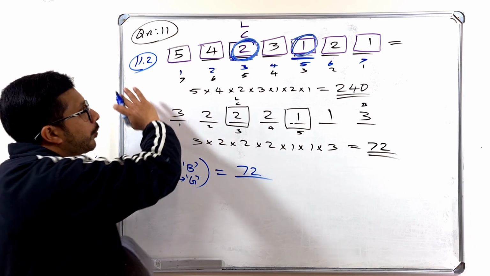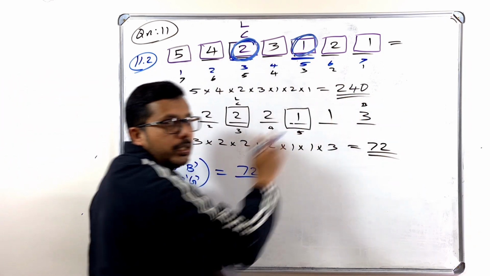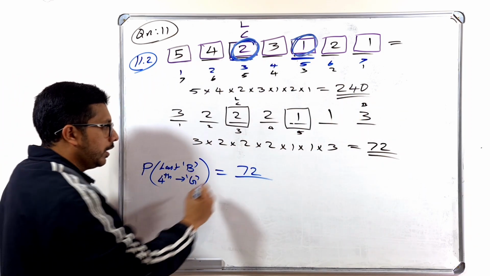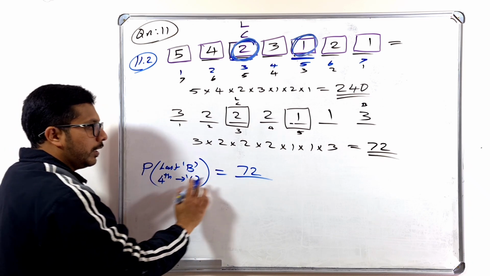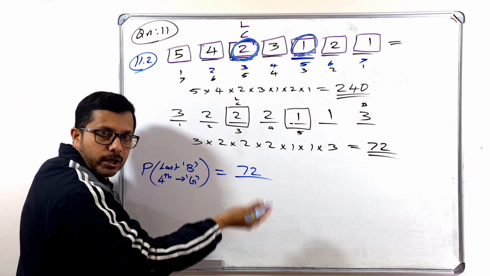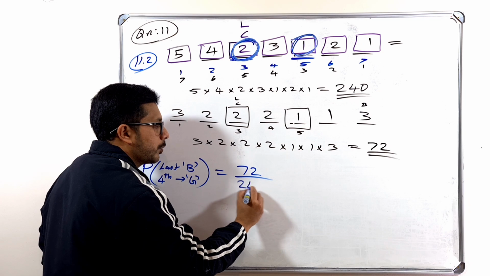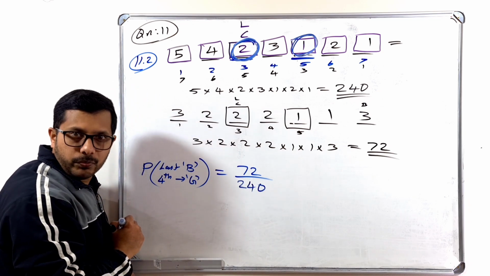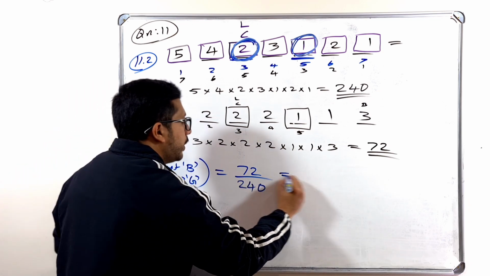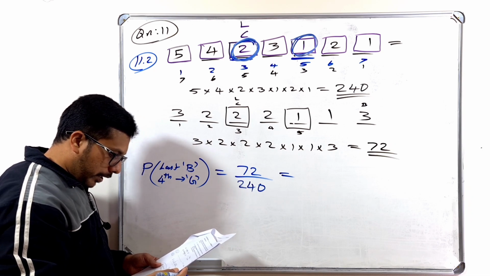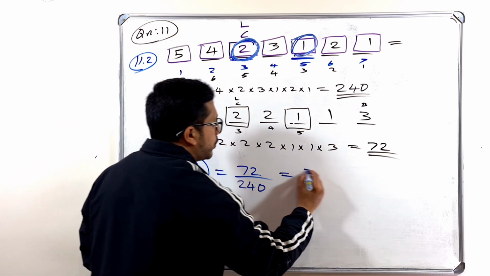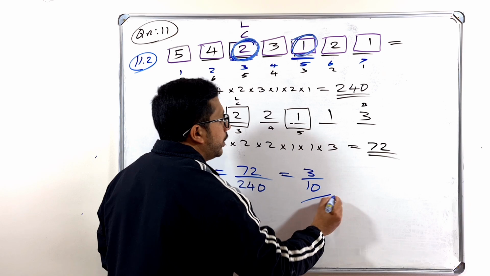So sample space, what is total? 240. That means the probability of last boy and fourth girl is 72 divided by the total sample space. What is the total sample space? 240. So check in your calculator. In your calculator you will get 3/10. So the answer is 3/10.